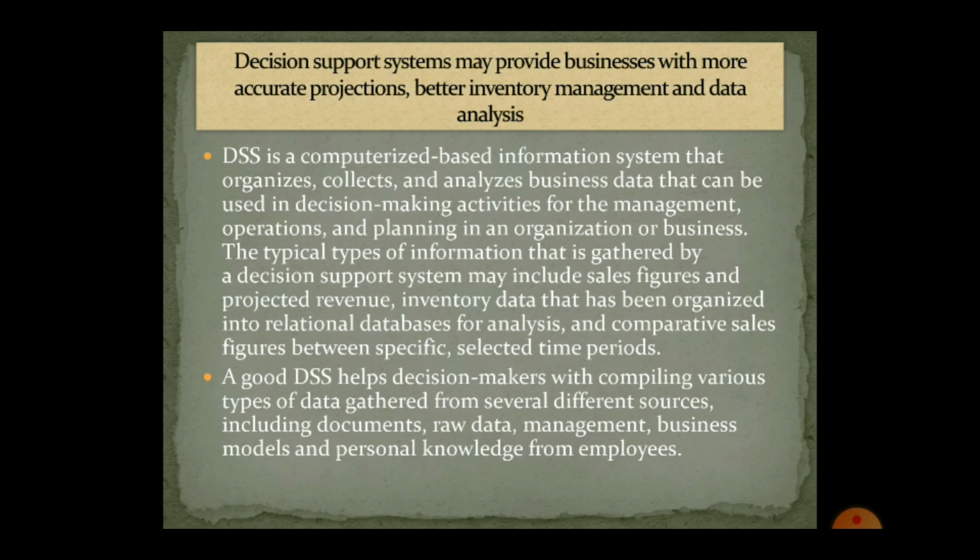The typical type of information that is gathered by a decision support system may include sales figures and projected revenue, inventory data that has been organized into a relational database for analysis, and comparative sales figures between specific selected time periods.